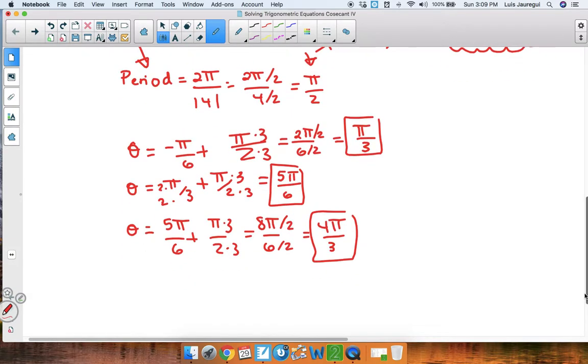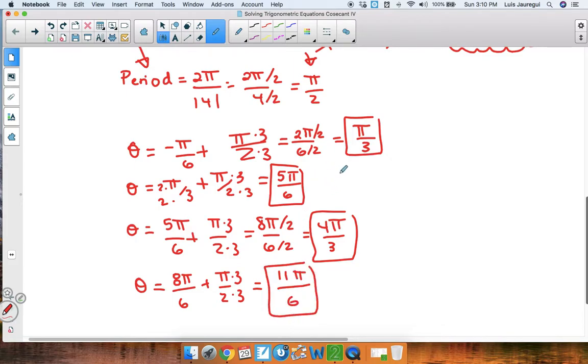Then our next angle: let me take the 8 pi over 6, or 4 pi over 3, plus the pi over 2, which happened to be the period. So let me multiply this one by 3 over 3, and you get that this is 11 pi over 6. And these are the 4 angles that will make that particular equation true.